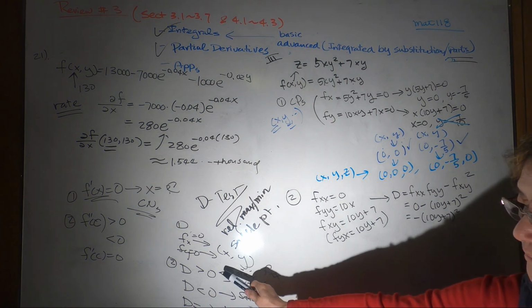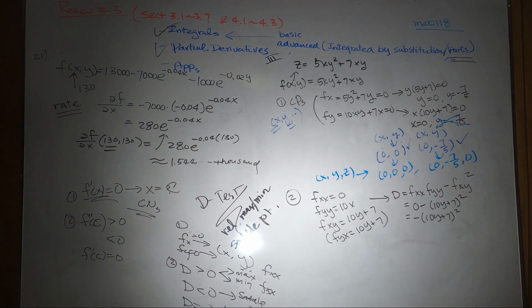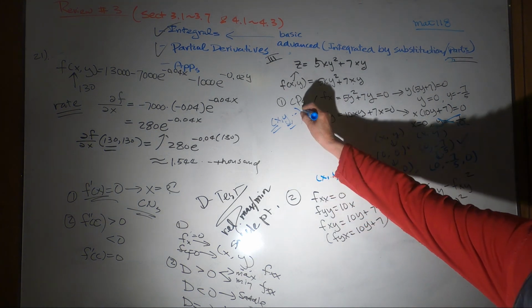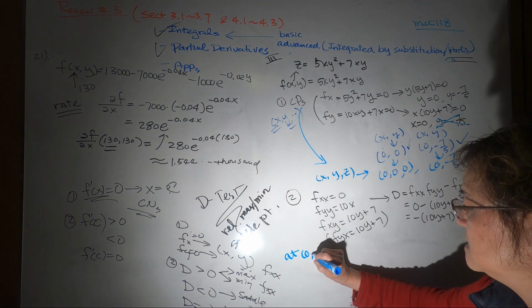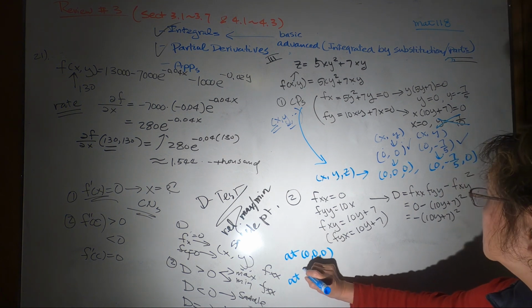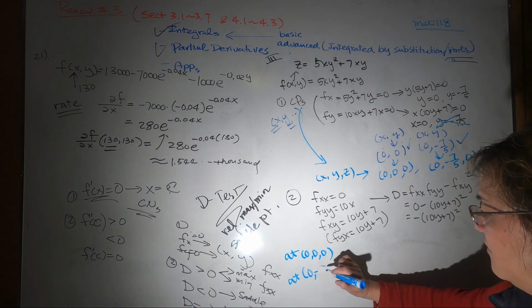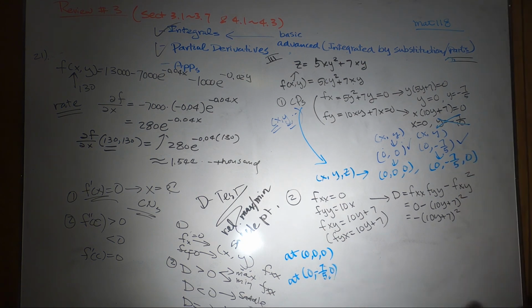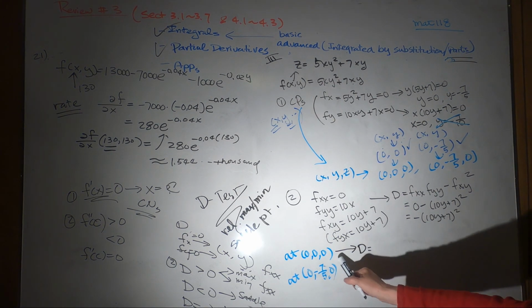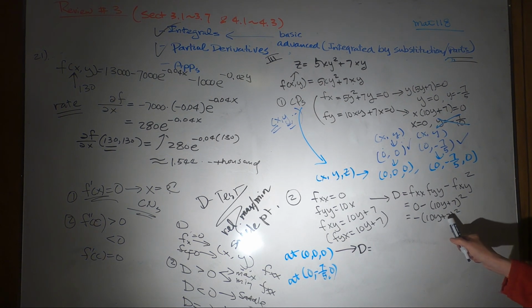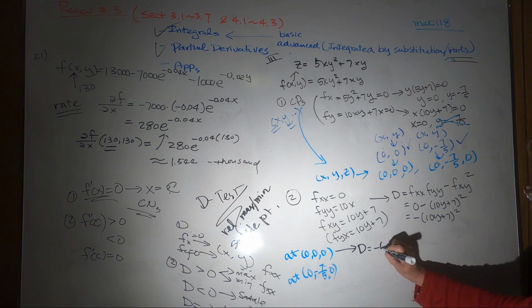Then we decide whether D is greater than or smaller than 0 by using the critical points. So we have two points: 0, 0, 0, and 0, negative 7/5, 0, right? Then we plug into D. For y is 0, 0 plus 7 is 7, so it's negative 7 squared.